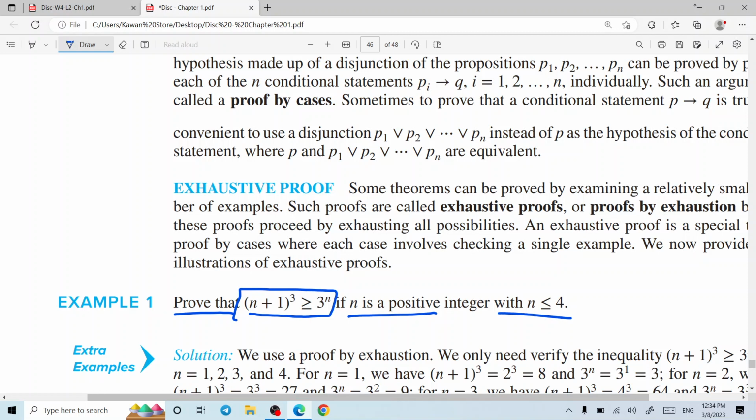First of all, you need to understand the structure of the theorem. We have n an integer number, so we have if n is an integer number with, or means and, n less than 4, then prove that.